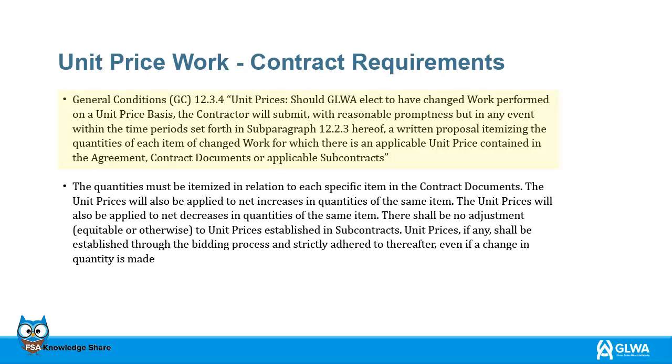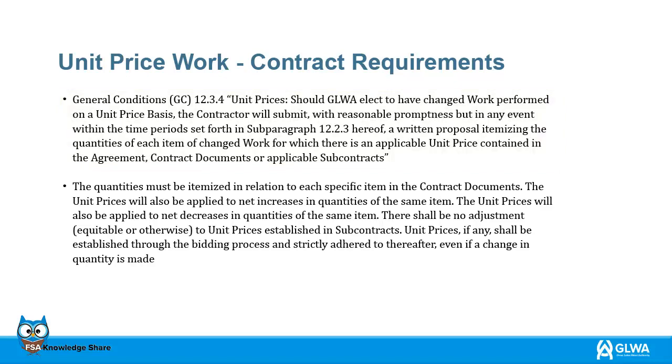General Conditions 12.3.4. Unit prices. Should GLWA elect to have changed work performed on a unit price basis, the contractor will submit, with reasonable promptness but in any event within the time period set forth in subparagraph 12.2.3 hereof, a written proposal itemizing the quantities of each item of changed work for which there is an applicable unit price contained in the agreement, contract documents or applicable subcontracts.